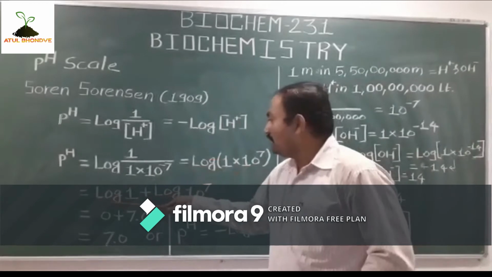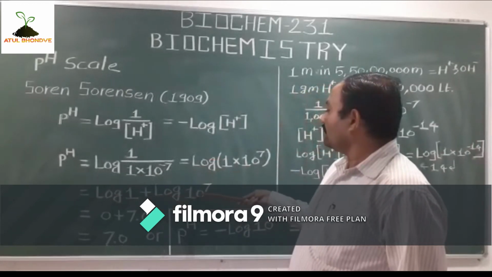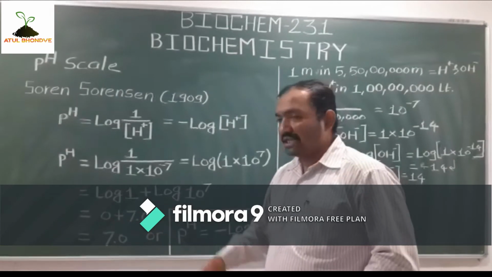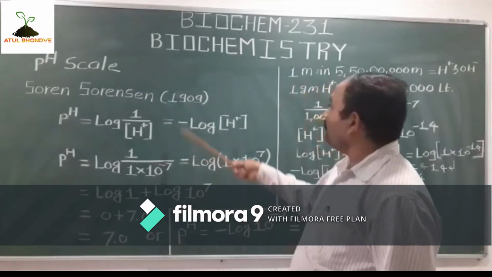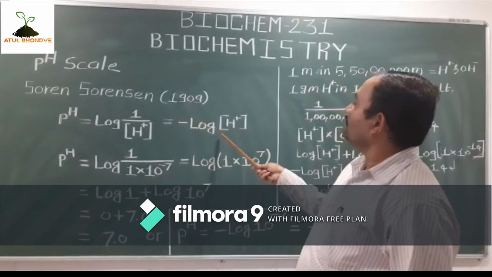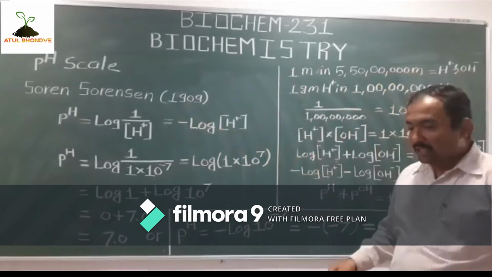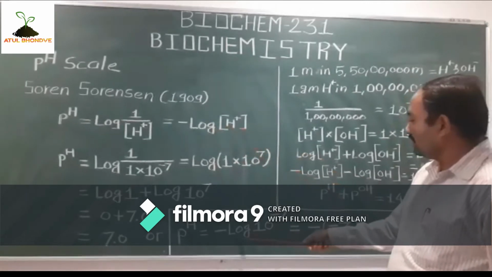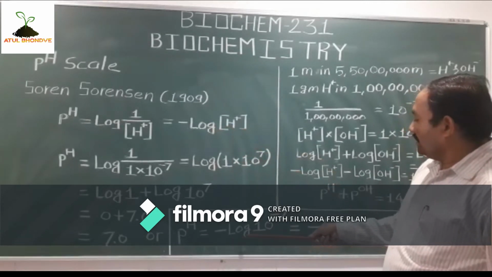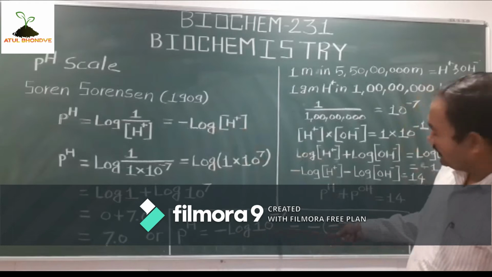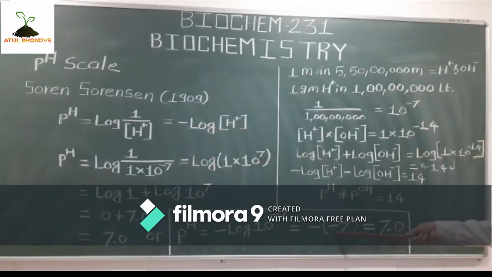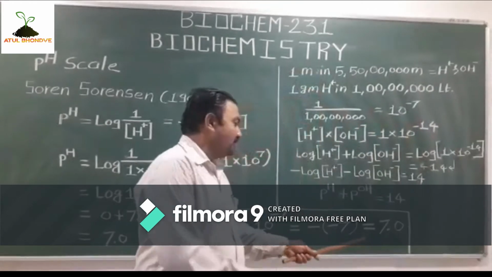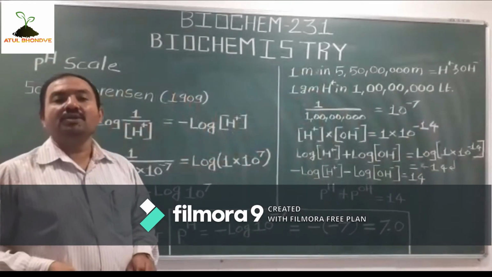So log 1 plus log 10 raised to 7 is equal to 0 plus 7, which gives 7. Or, as we already calculated, pH is equal to the negative logarithm of H, the negative logarithm of 10 raised to minus 7. So minus 7 is converted into 7, and it gives the value 7.